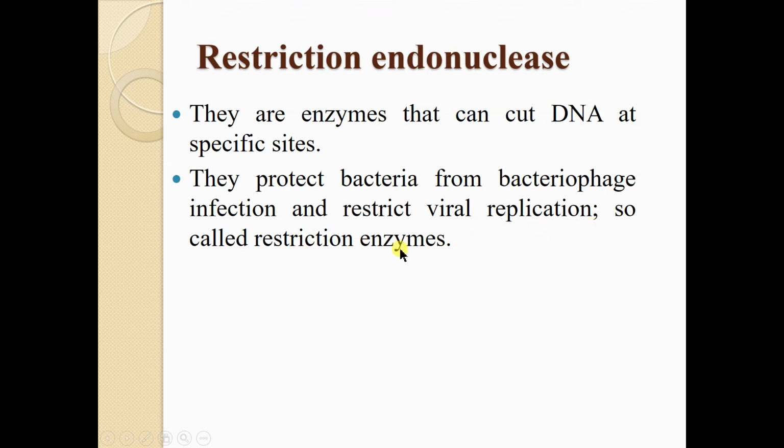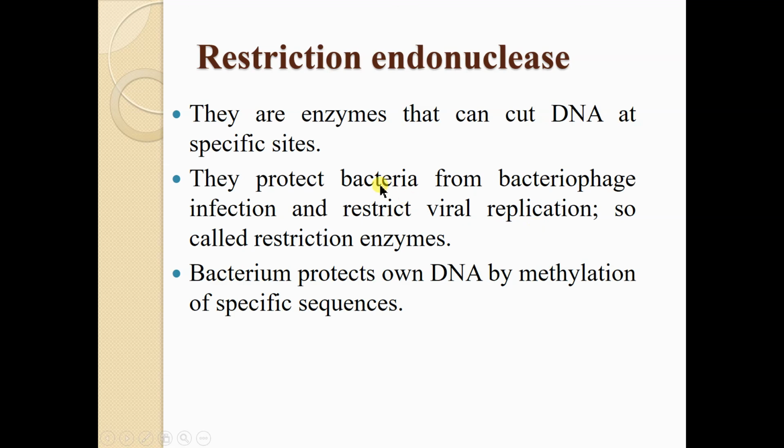It is known as a restriction enzyme because bacteriophages are viruses that can infect bacteria, enter into the bacteria, and degrade them. But this enzyme will produce a cut in the viral DNA at a specific site. So the viral DNA becomes broken down into smaller DNA, so it cannot be replicated there. So it will restrict the viral replication in the bacteria.